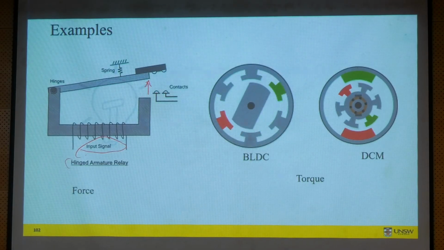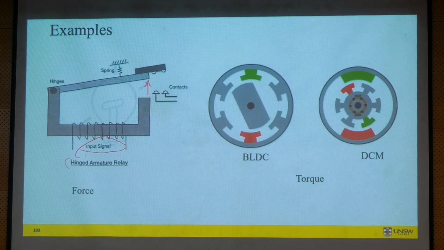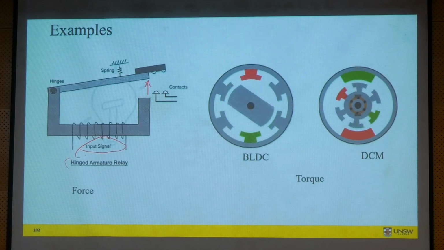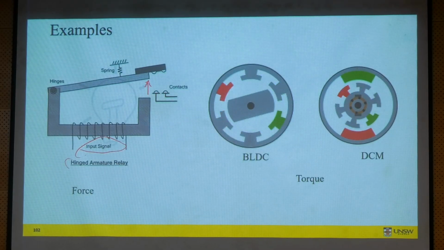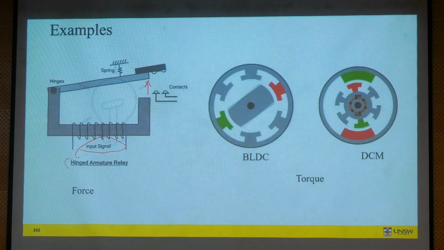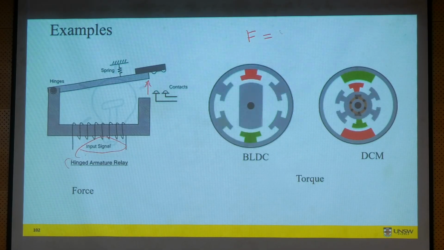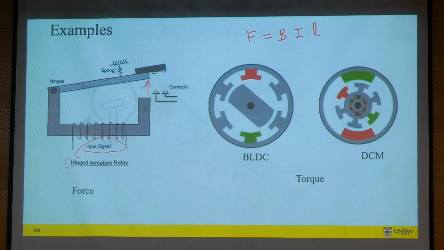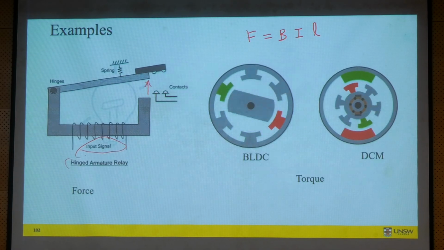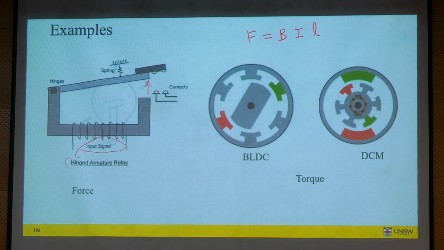And most of you know how to calculate this force and why there is brush commutation in the DC motor, right? It comes from the very basic BIL, correct? Force is equal to magnetic flux density B, current I flowing in a conductor of length L. So that's where we can in fact use this to calculate the torque for a DC motor.